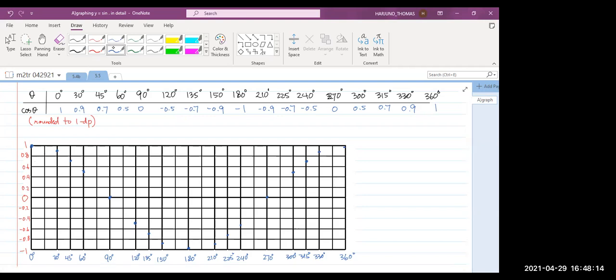Okay, so when I connect the dots, it will look like this.